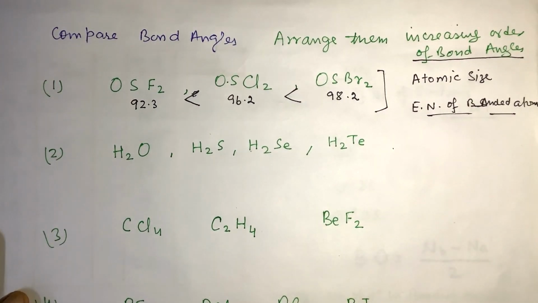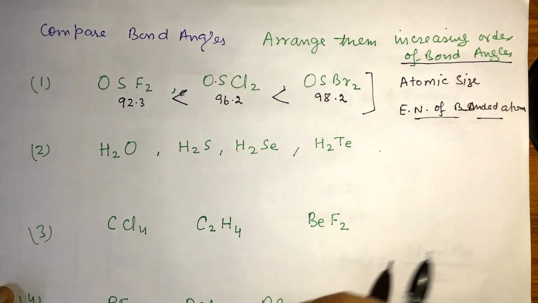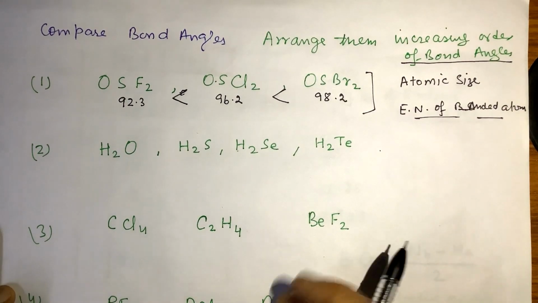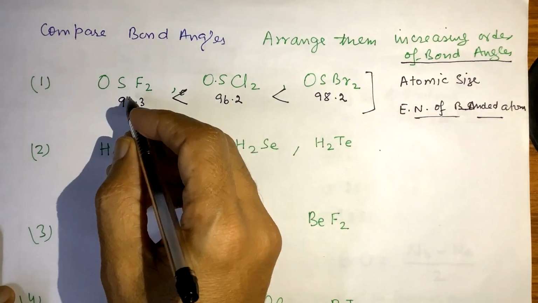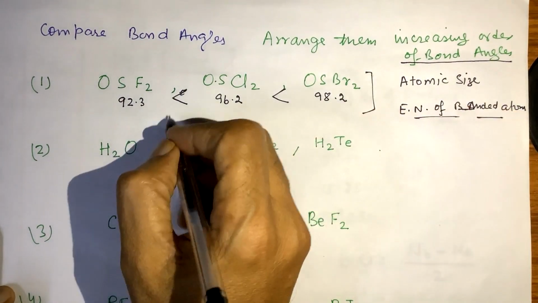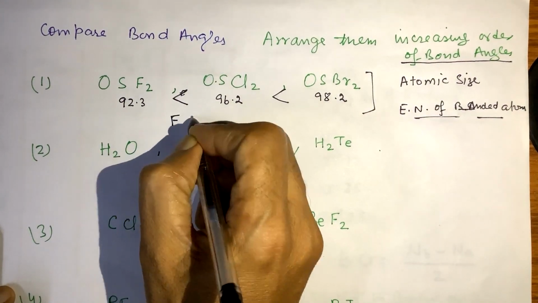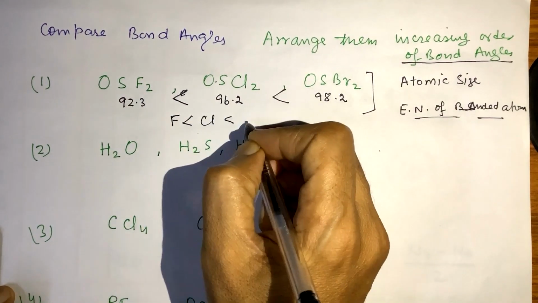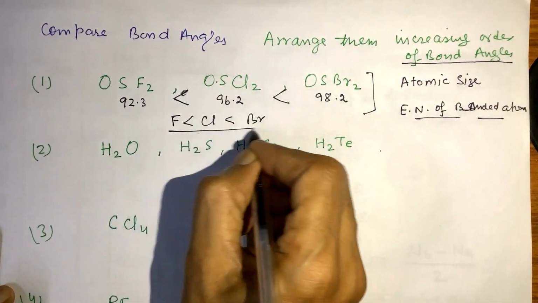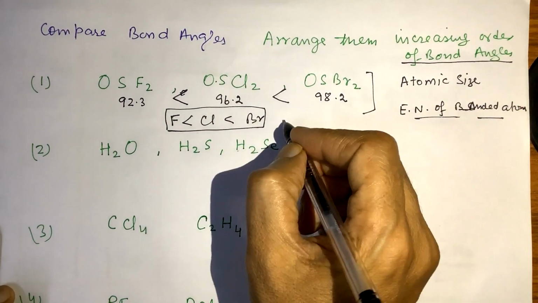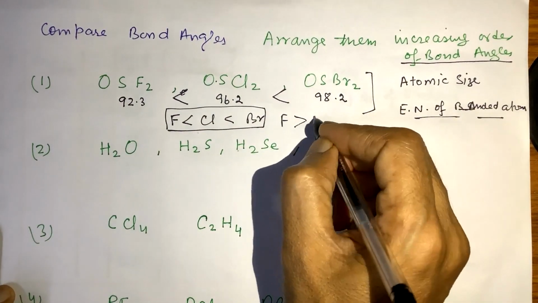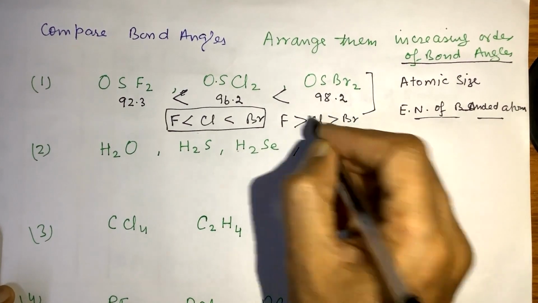On the basis of both of these rules, we get this solution. According to atomic size, fluorine is less than chlorine and chlorine is less than bromine. And according to electronegativity, fluorine is more than chlorine, chlorine is more than bromine.